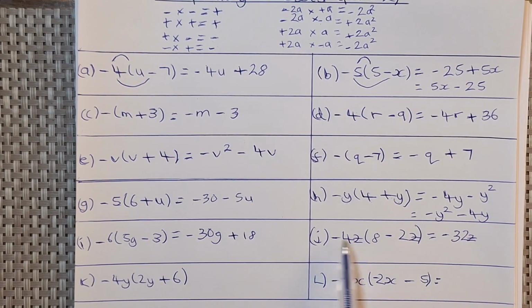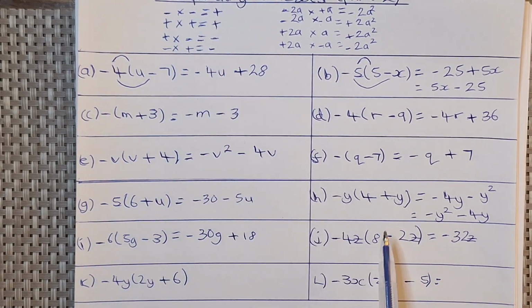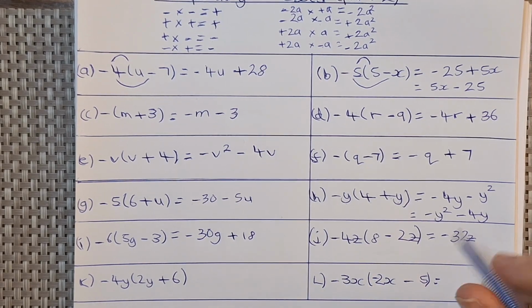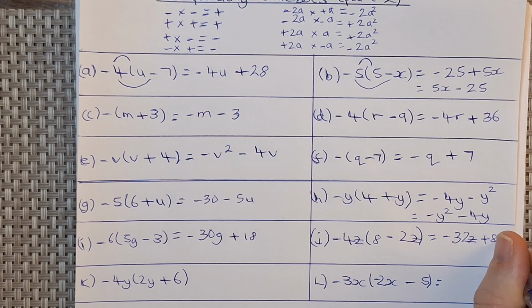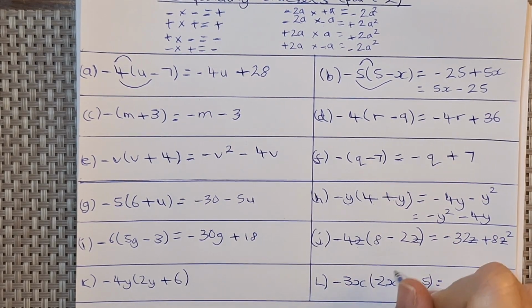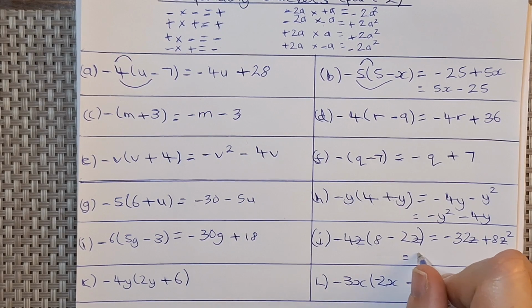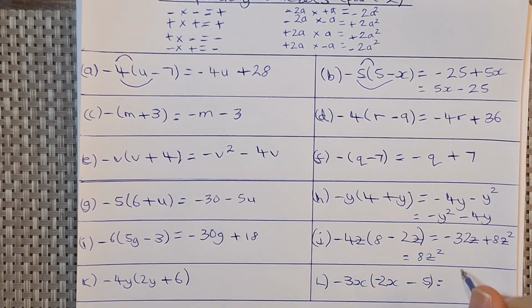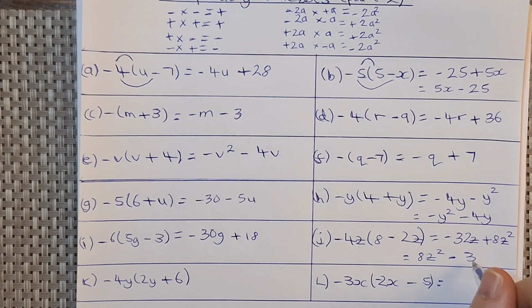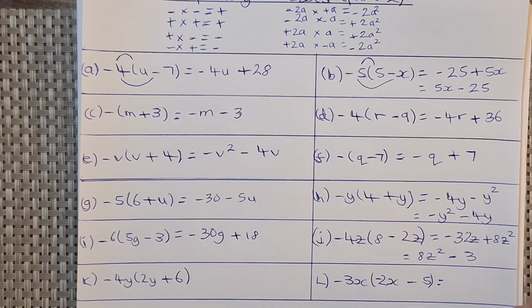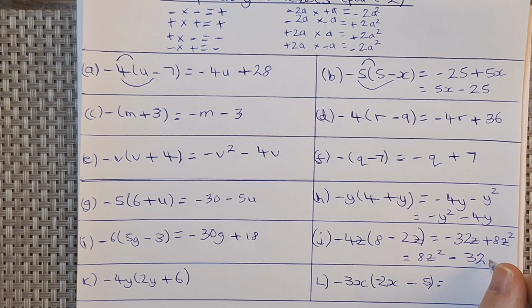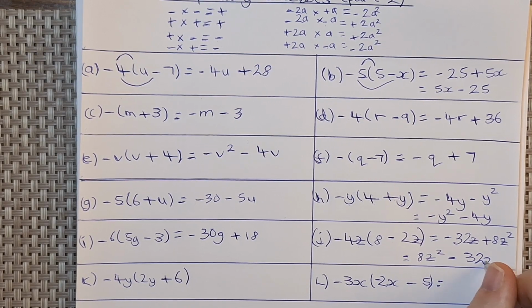A minus times a minus is positive. 4 times 2 is 8, and z times z is z squared. I'm going to write it with the highest power first, so 8z squared minus 32z. Sorry, mistake there, minus 32z, my fault.